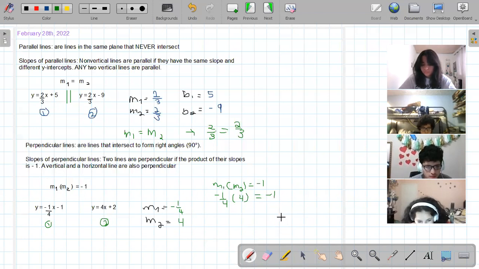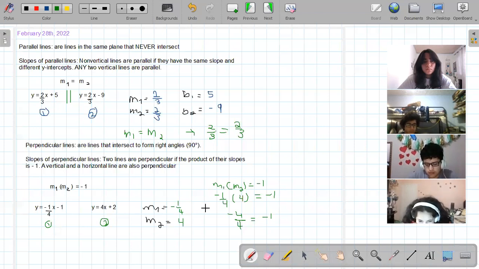Now, how do we multiply fractions with a whole number? Remember what I told you: just multiply the numerator times the whole number and place it over the denominator. In that case, we avoid placing that invisible one. If you want to place it and multiply in a straight line, that's fine as well. So -1 times 4 is -4 over the denominator, which is 4, and it has to be equal to -1.